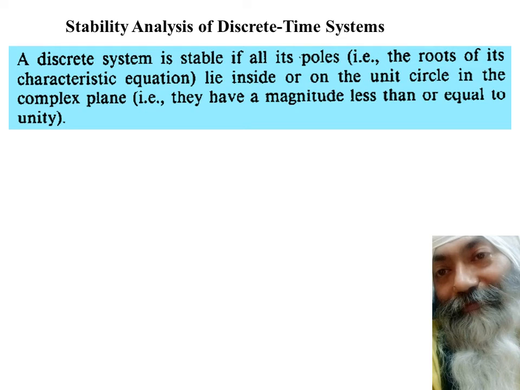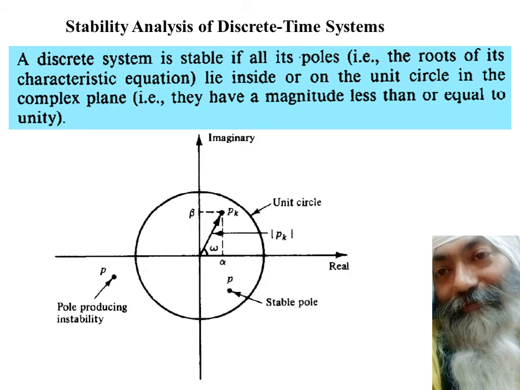We see that the system is stable if all its poles, that is the roots of its characteristic equation, lie either inside or on the unit circle in the complex plane. That is, they have a magnitude less than or equal to unity. We represent this diagrammatically as shown in this figure.